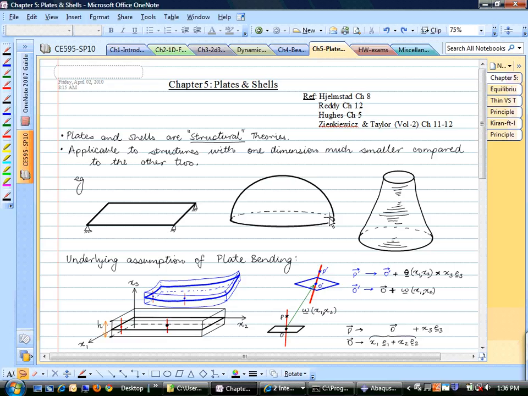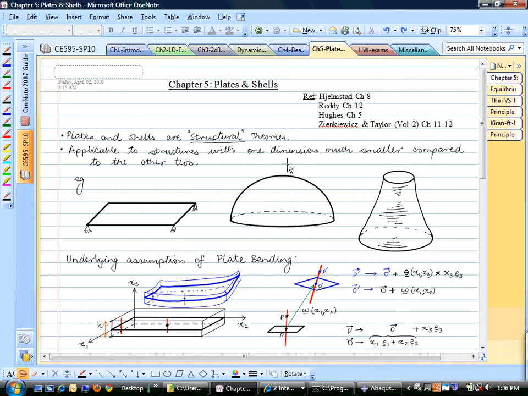In general, you can also have curved surfaces, and the mechanism that these curved surfaces use to resist loads is a little different than plates. You can imagine if there is a vertical load acting on this plate, the primary mode of load resistance is going to be bending.